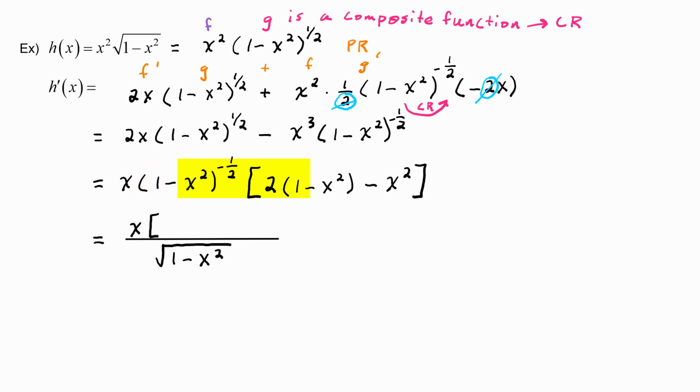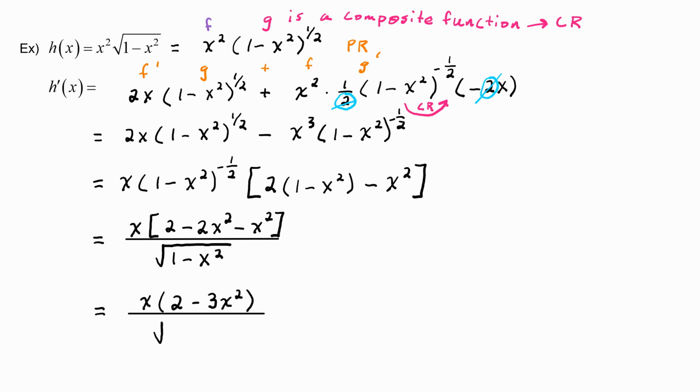Now inside the brackets, we need to distribute, so we will have 2 minus 2x squared, and then we still have this minus x squared, and then finally we have x times the quantity 2 minus 3x squared, that's in the numerator, and then this radical 1 minus x squared in the denominator. And this is our result in simplest form.